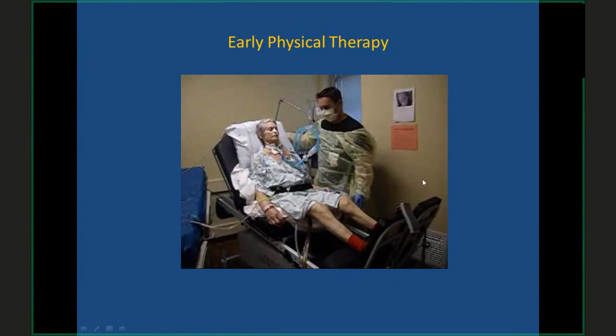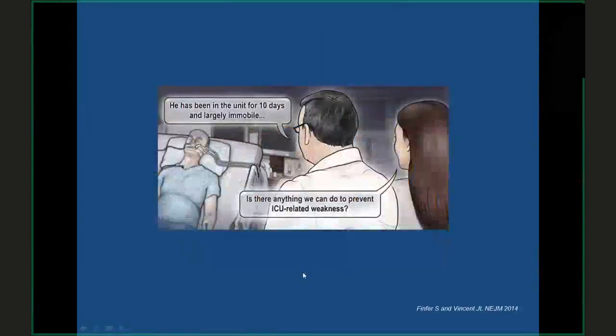That probably significantly reduces the development of CIP or CIM. So if there is anything else we can do for patients not moving for more than 10 days, we can prevent ICU-related weakness. Obviously, more study is needed.